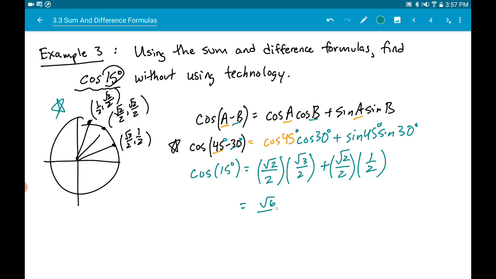And what we've got is a rad 6 over 4. Again, it becomes a rad 6 because they're both radicals, plus a rad 2 over 4. And so an exact value, without using technology, of cosine 15 degrees would be rad 6 plus rad 2 over 4.